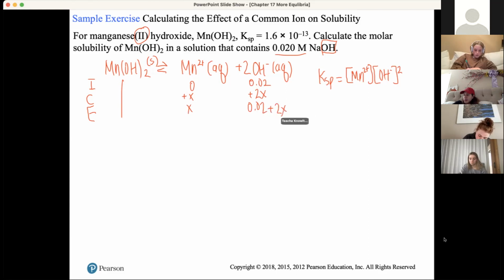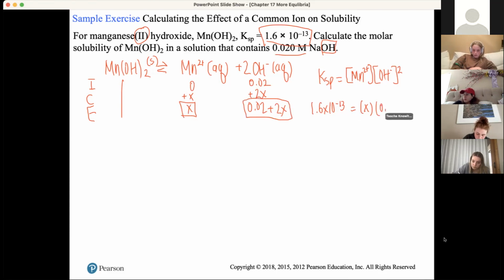This is a really small number, so we're going to do 1.6 times 10 to the negative 13 equals manganese, which is x, times hydroxide, 0.02 plus 2x, squared.